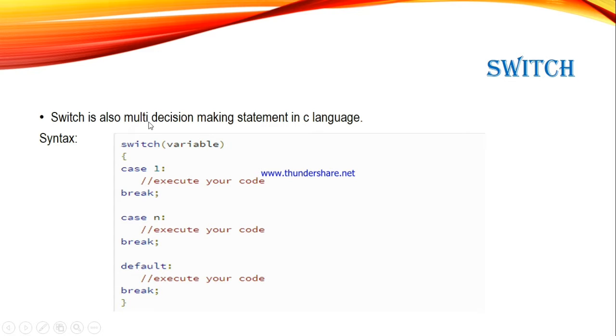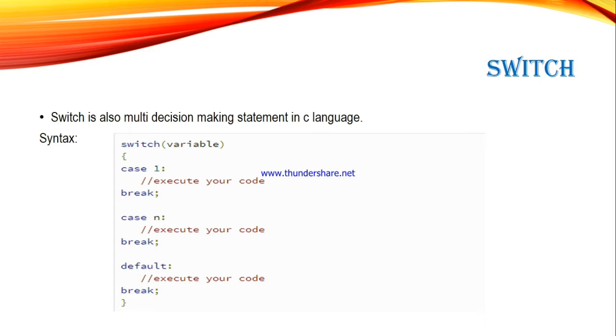And switch, which is also a multi-decision making statement in C language. And the syntax: switch variable. In this we have a number of cases: case 1 statements, break, case n, and default is the last case for all the programs, and then break. Here break is a keyword, it terminates from the block or loop.